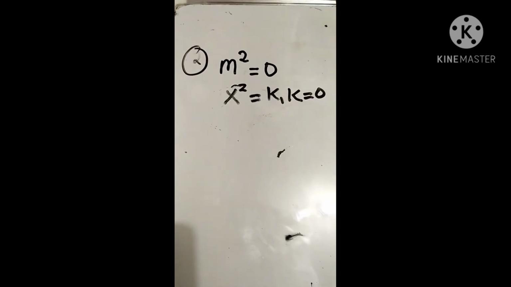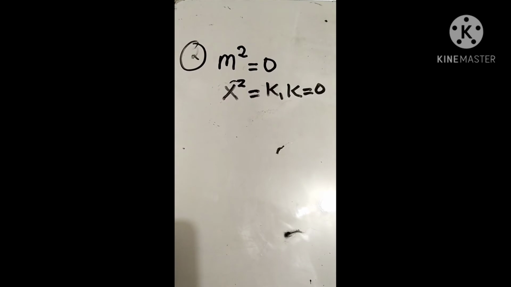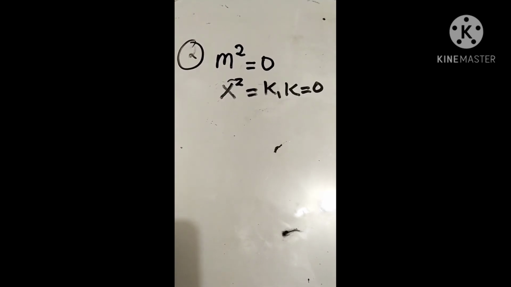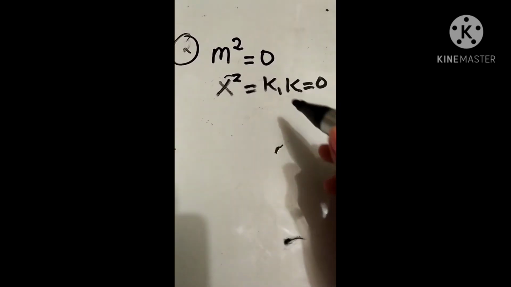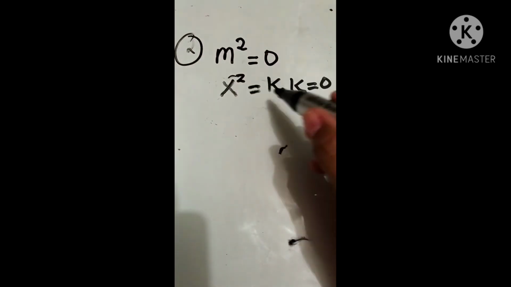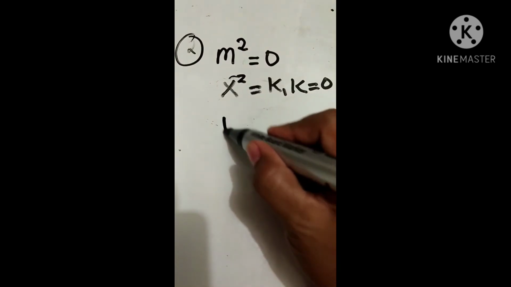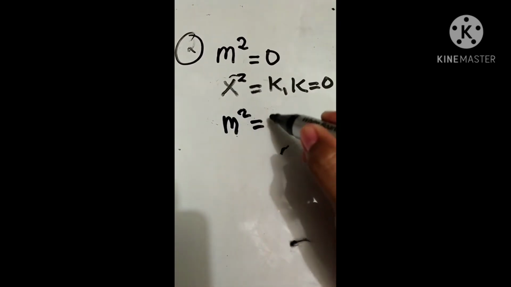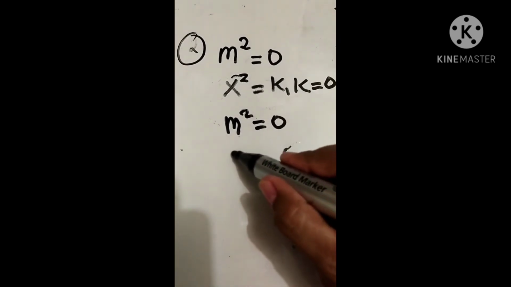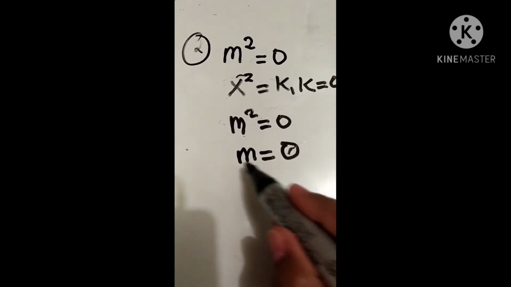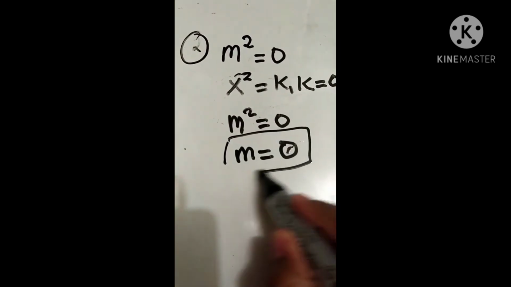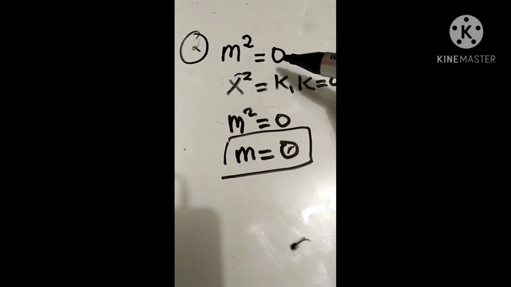Based on property number 2 of extracting square roots, if your k is 0, you only have one real root, which is 0. Since your k is already 0, you have only one root, which is 0. That is if your k is 0.